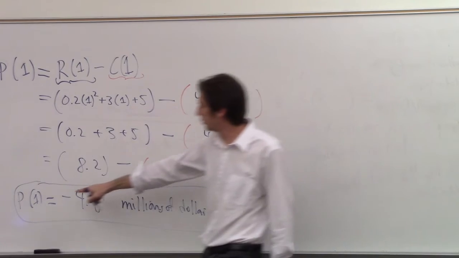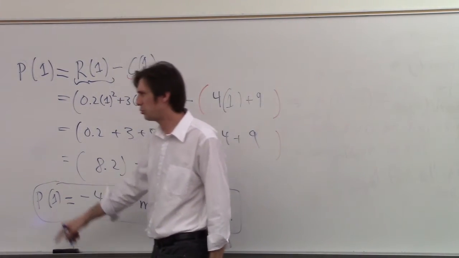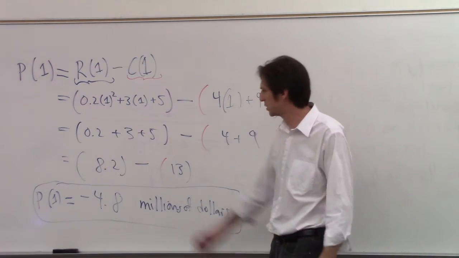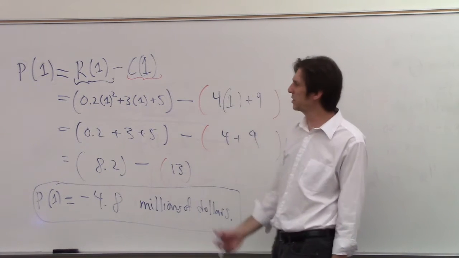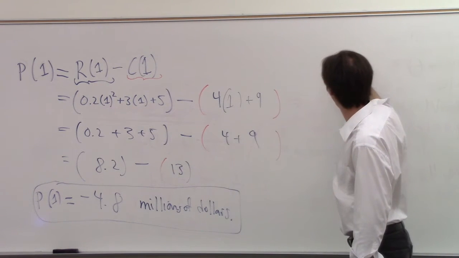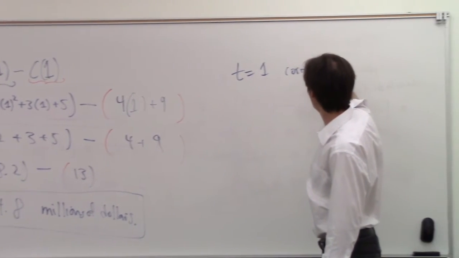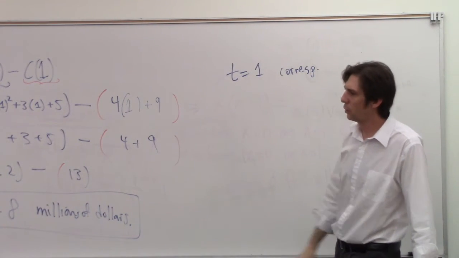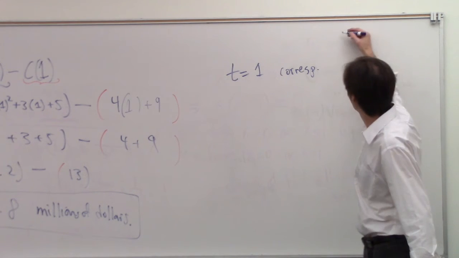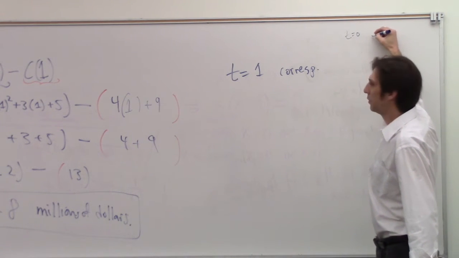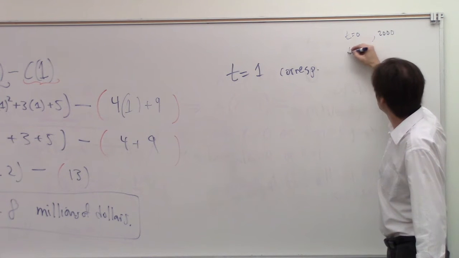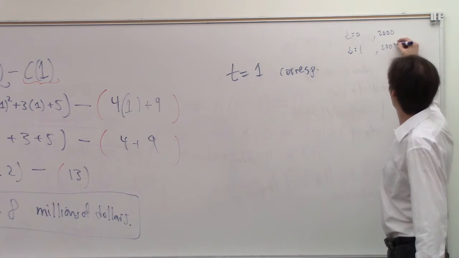P of 1 isn't the profit at any particular time, but it's the profit at 1. And so what does a t value of 1 mean in this problem? T equals 1, t is in years, we were told that in the problem. We were also told that t equals 0 corresponds to the year 2000, and so t equals 1 will correspond to the year 2001.